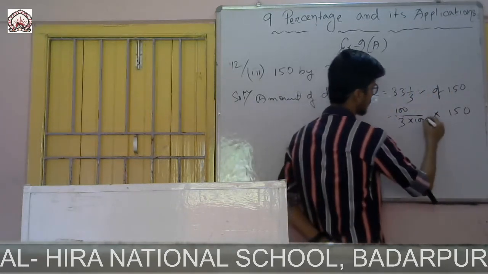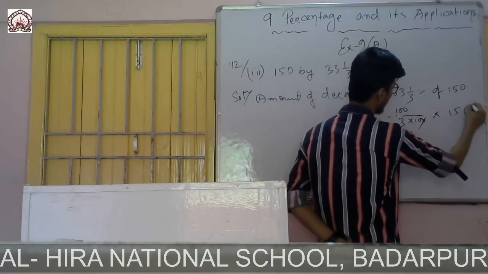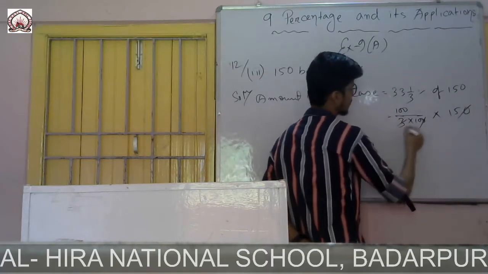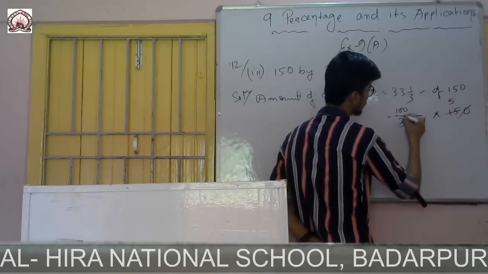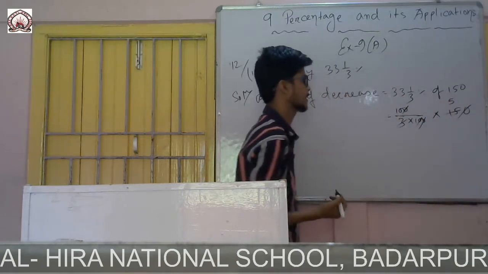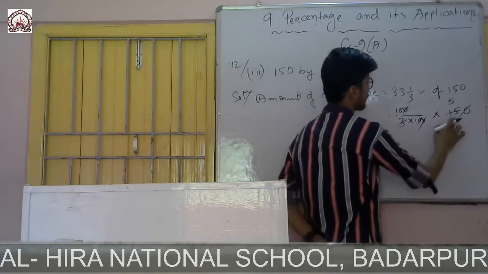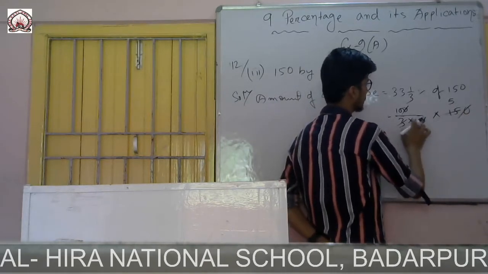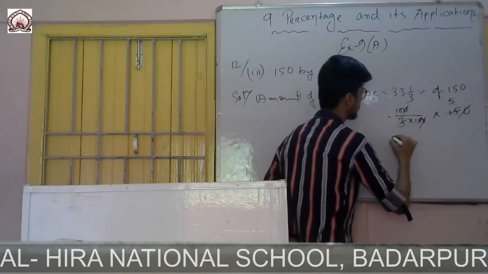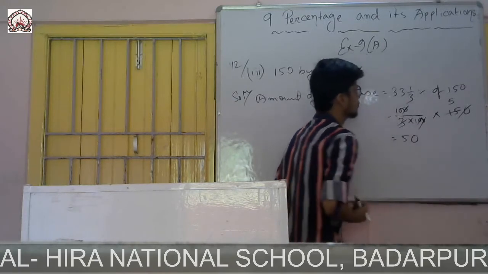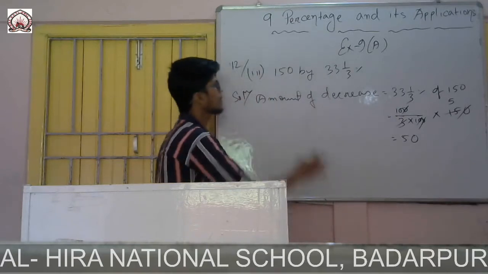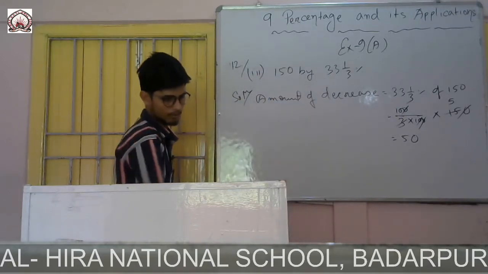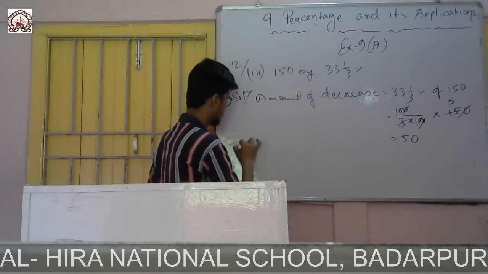Simply cancel 10 from here, 3 5s are 15, and again cancel 10, and 1 from here. So 5 into 10 is 50. That means I have to decrease 50 from 150.